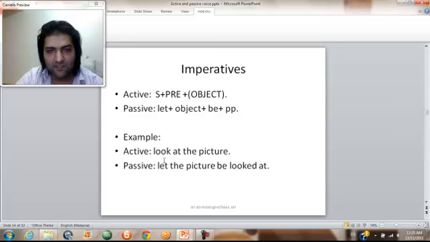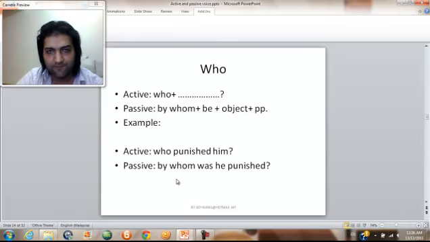Look at this example here. Look at the picture. In the passive structure we have let the picture be looked at. So look at the picture as an imperative sentence becomes let the picture be looked at.